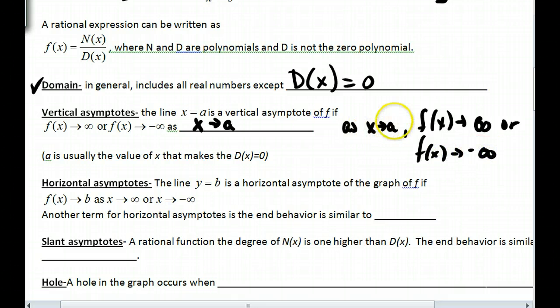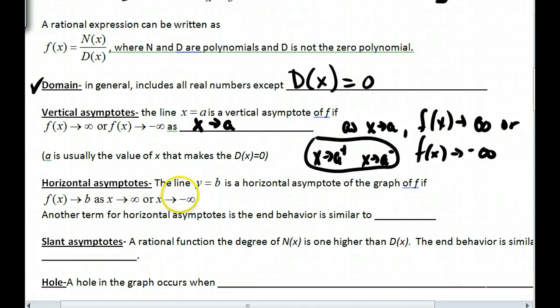Now what they do sometimes is they put direction on here. So after the a, you can put a plus, which means from the right side. And x approaches a with a negative after it means from the left side. So we can get even more specific if we want. We'll leave that up to your teacher.